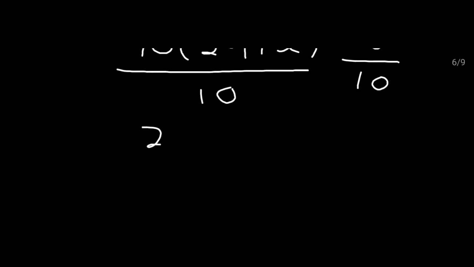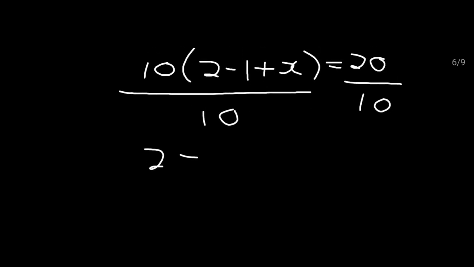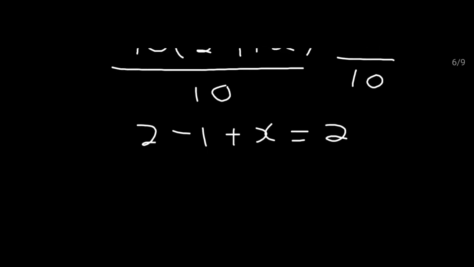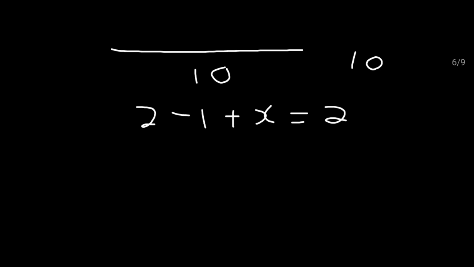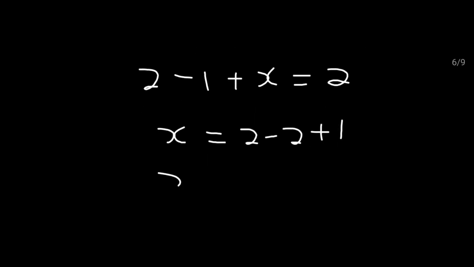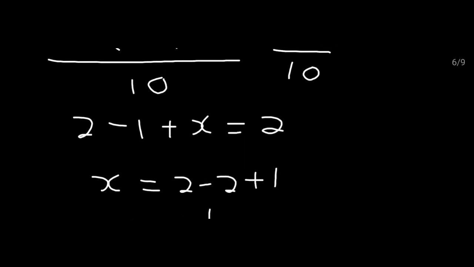Then you are left with 2 minus 1 plus x, then equal to 2, because 20 divided by 10 is 2. Then now x is the subject of the formula, meaning we're going to say x equal to 2. We transpose all the numbers: 2 becomes negative 2, 1 becomes positive 1. Then you have x equal to 2 minus 2 is 0 plus 1 is 1. Then x is 1. You see that is the coefficient method.